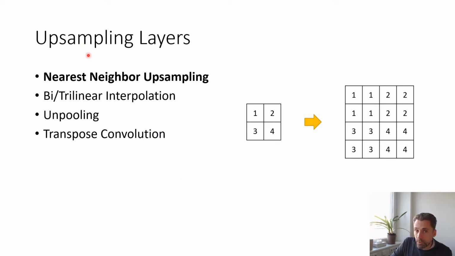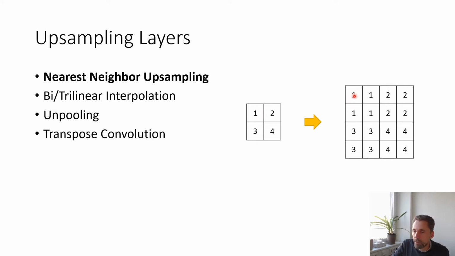I'm not going to clear up this question because we have the session, and I need some questions for the quiz later. So, how can we upsample? One of the most simple things is nearest neighbor upsampling. Given a 2x2 input and a desired output size of 4x4, nearest neighbor upsampling looks at the nearest neighbor, as the name already tells you.